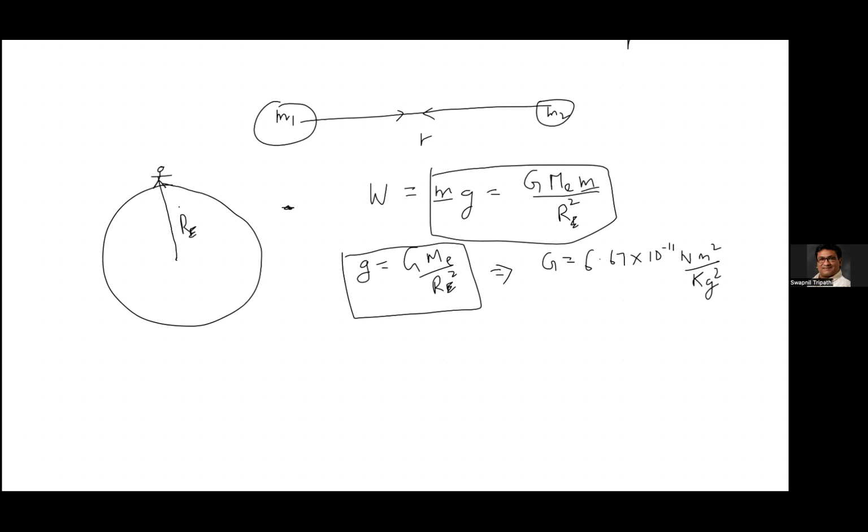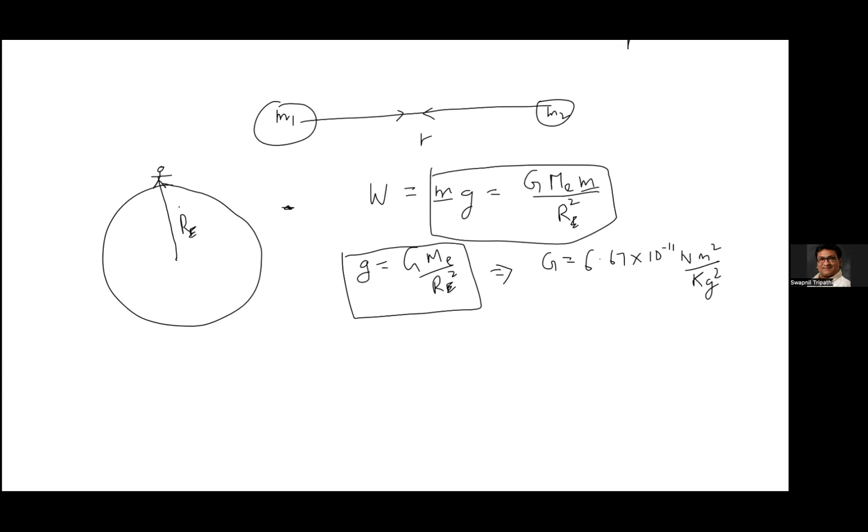There are other calculations and other questions that you might come across, which may require you to calculate the force of gravitational attraction or the acceleration due to gravity on other planets. And this same formula will work there.